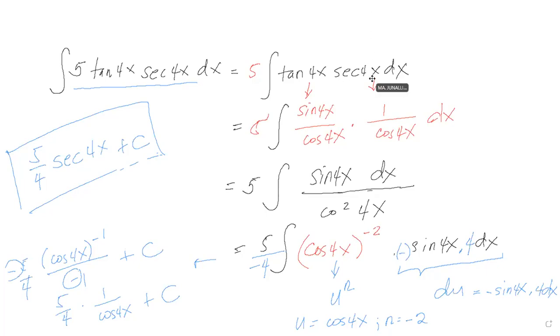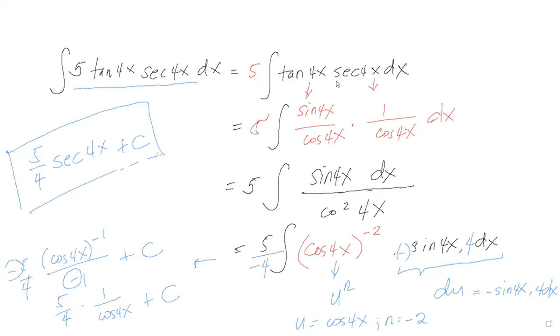If you use secant 4x as the u, your du will be secant 4x tangent of 4x. Where's the other secant 4x? That cannot be used because that will only work if you have a tangent of 4x secant squared of 4x.